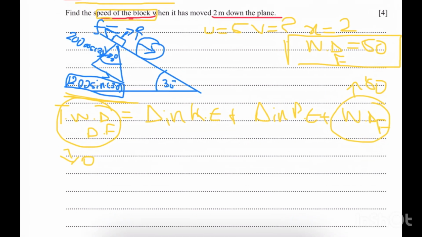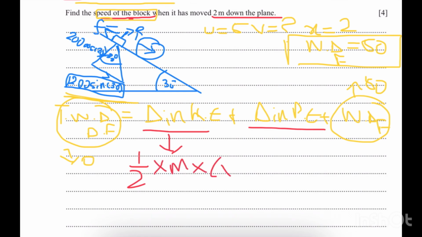As for the change in kinetic energy and the change in potential energy, the formula for change in kinetic energy is half times the mass times the final velocity squared minus the initial velocity squared. As for the change in potential energy, that is the mass times the force of gravity times the change in height.